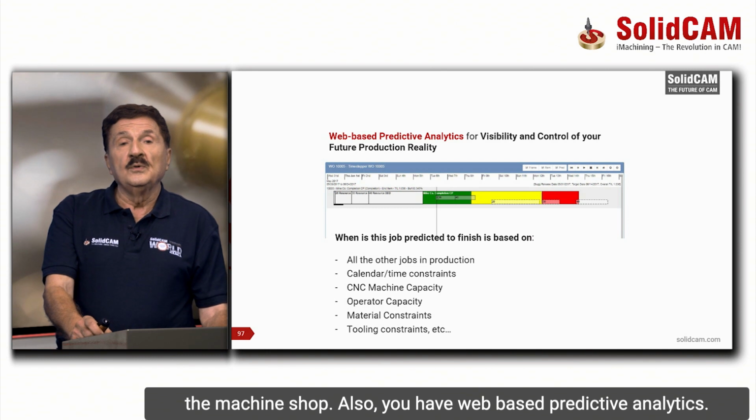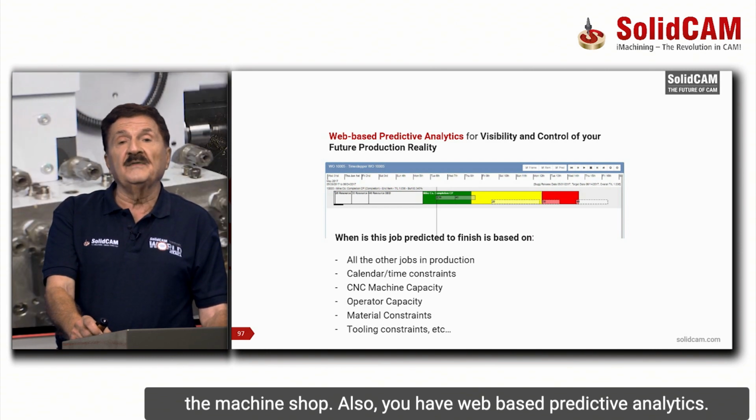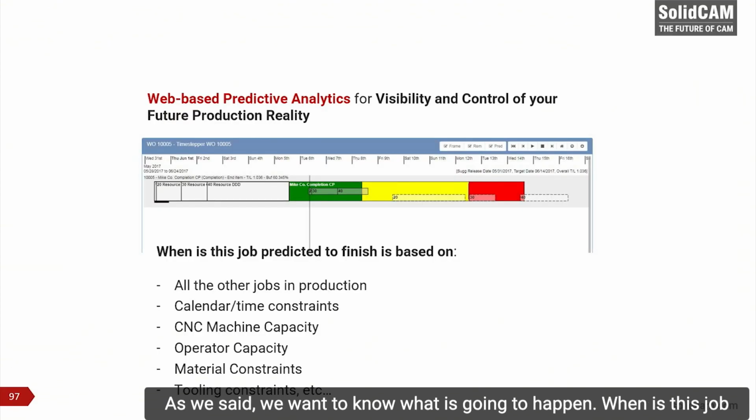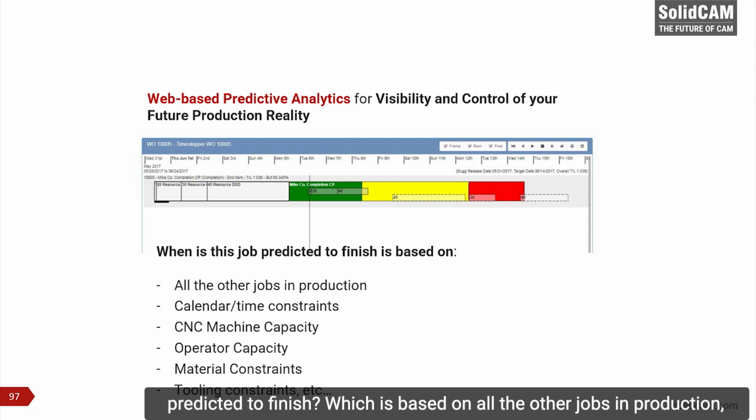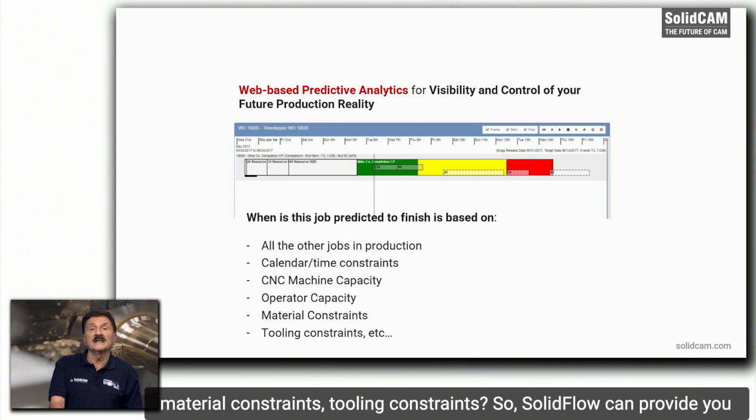Also, you have web-based predictive analytics. As we said, we want to know what's going to happen. When is this job predicted to finish? Which is based on all the other jobs in production, calendar time constraints, CNC machine capacity, operator capacity, material constraints, tooling constraints.